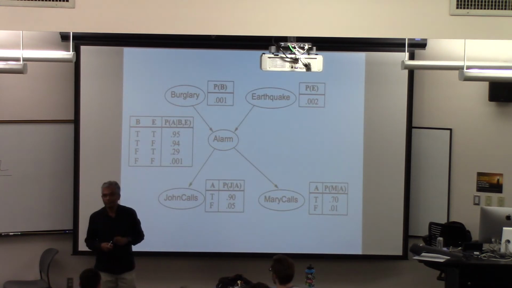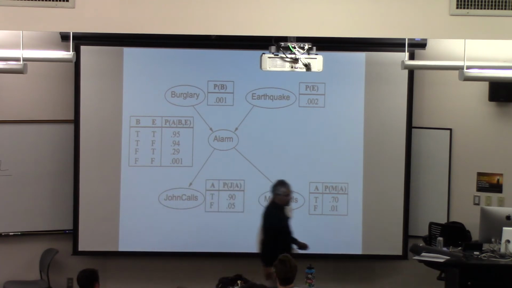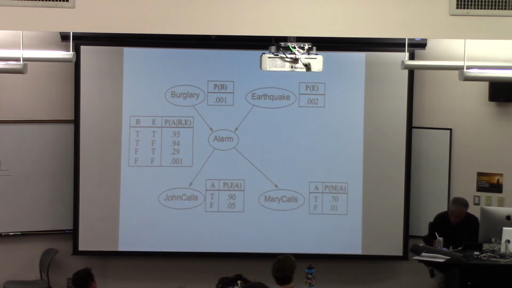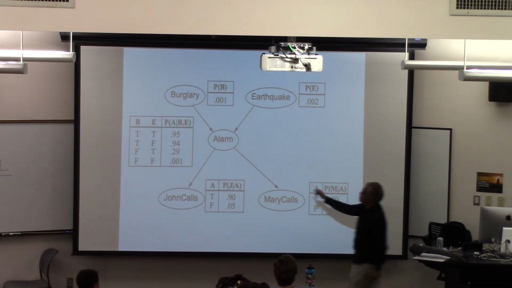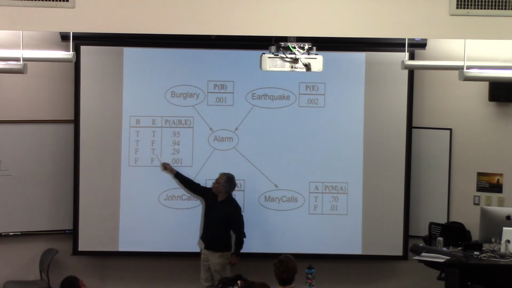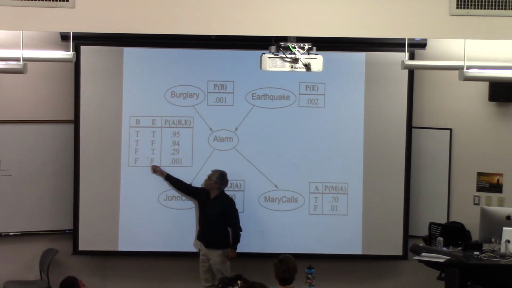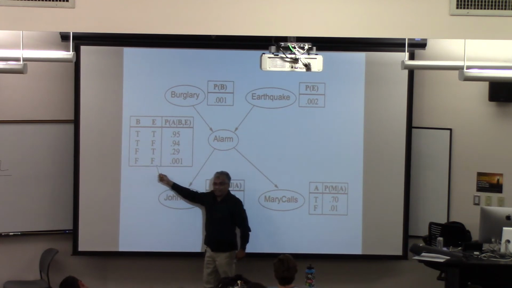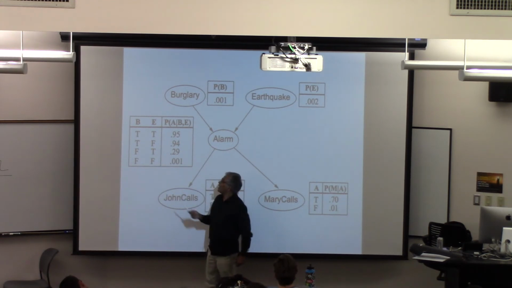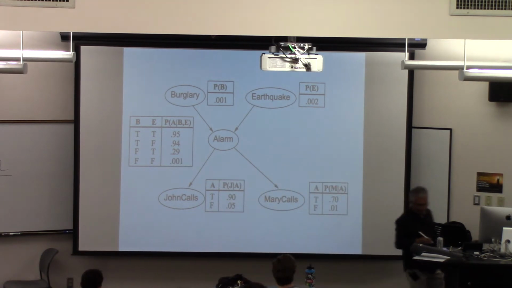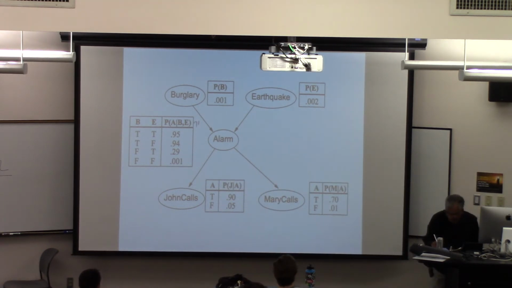Okay? And then for alarm, I need to give the probability that alarm is true given burglary is true and earthquake is true; burglary true, earthquake false; burglary false, earthquake true; burglary false, earthquake false. For each of these, I need to put numbers. And if you put these numbers, of course, then I know the not-A version of these numbers.